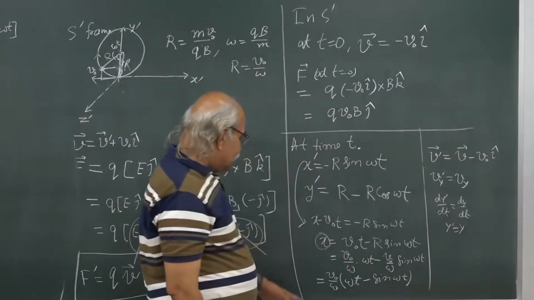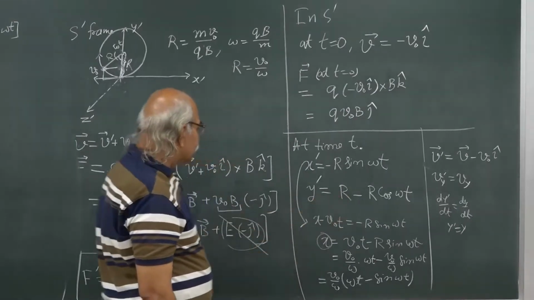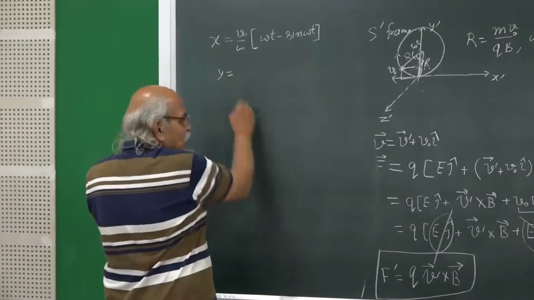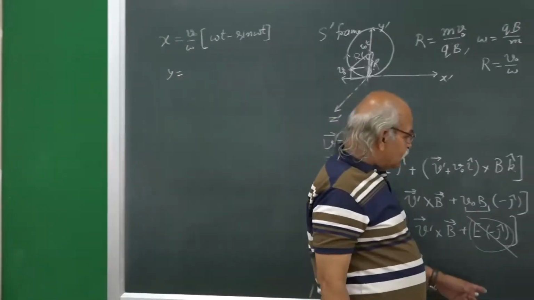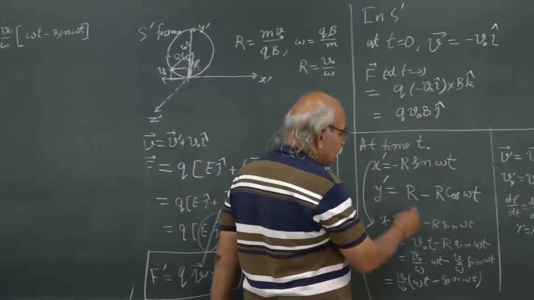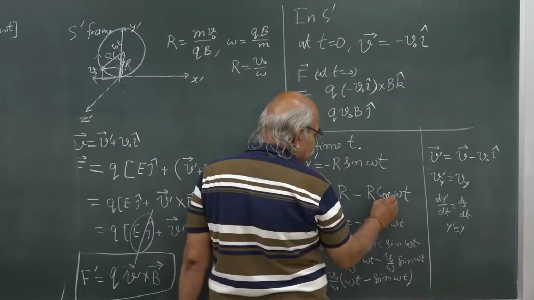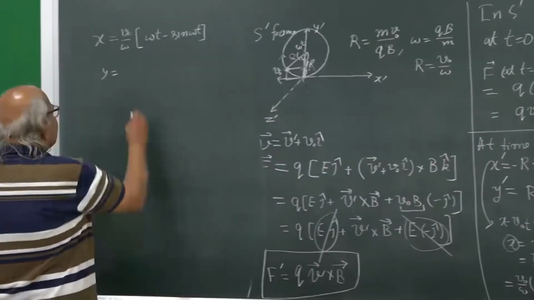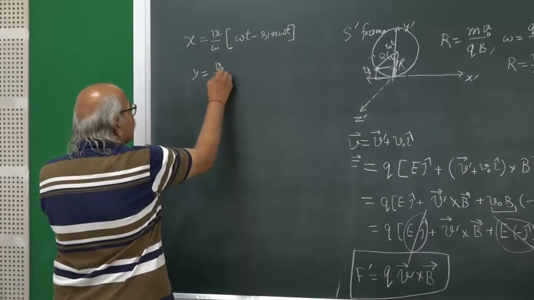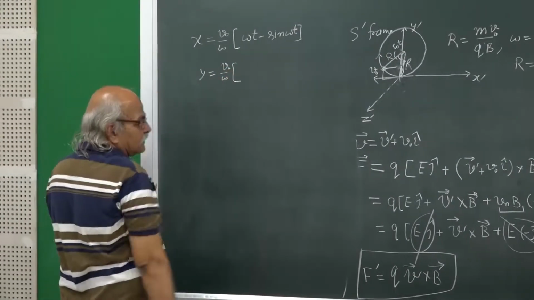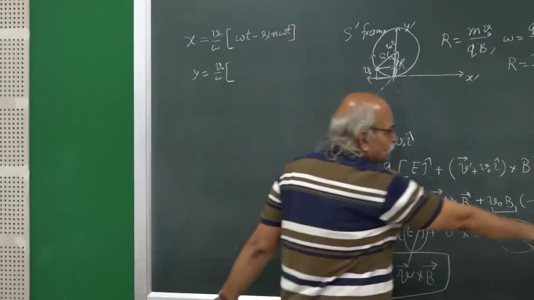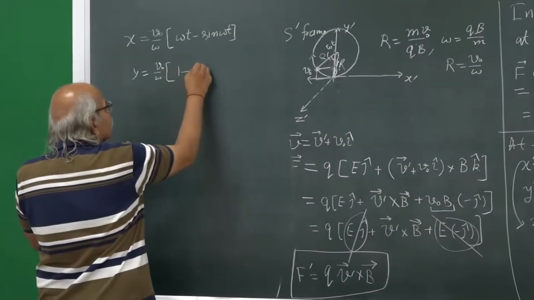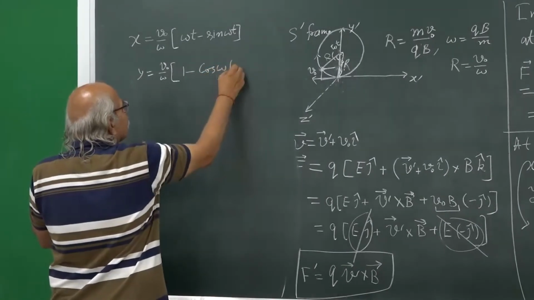And y is just r minus r cos omega t. Taking r common, and r is V naught by omega, it is V naught by omega times 1 minus cos omega t.